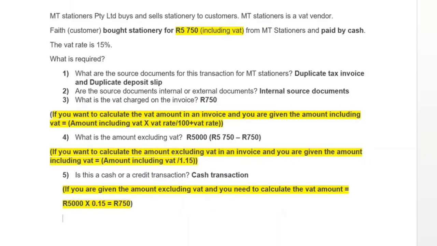Okay, guys, I want you to just calculate this. Yes, it's a cash transaction.